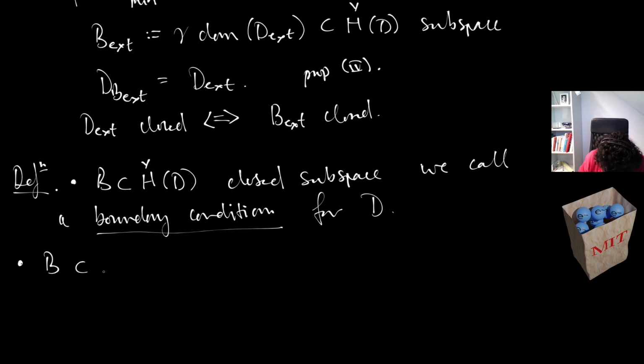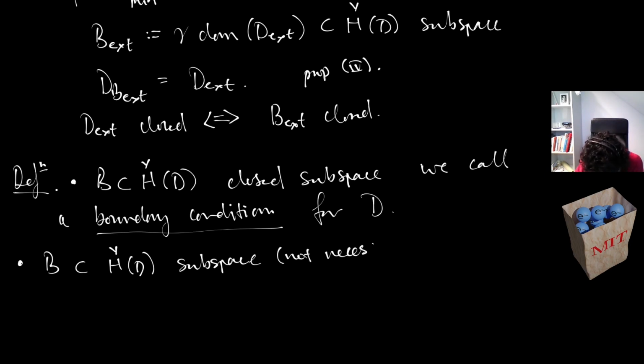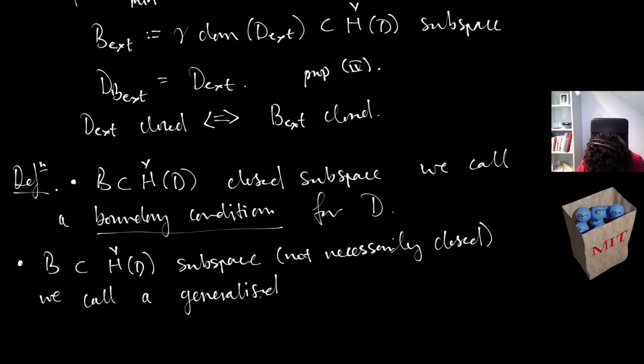B, which is just any subspace, not necessarily closed, we call a generalized boundary condition.